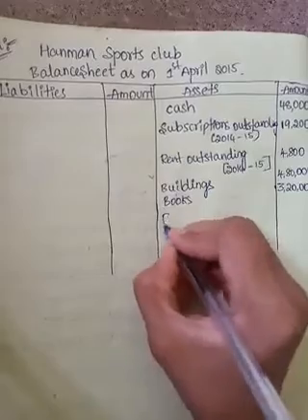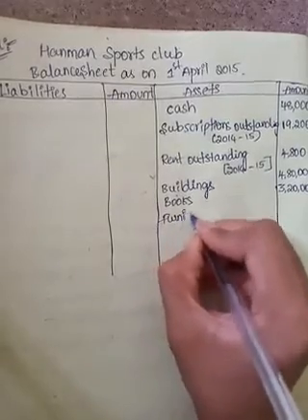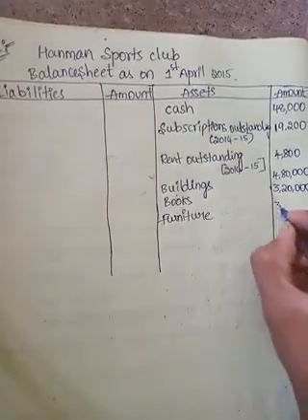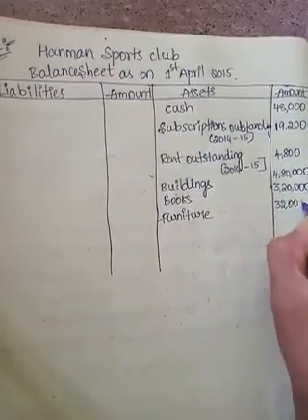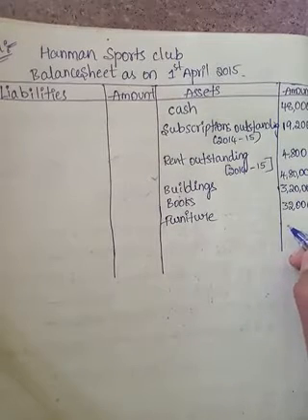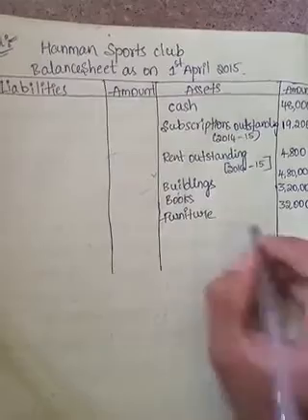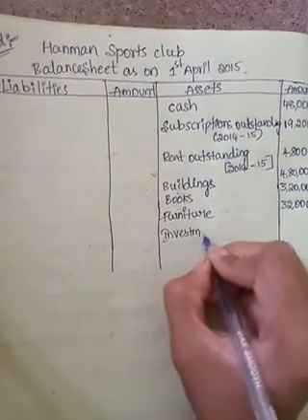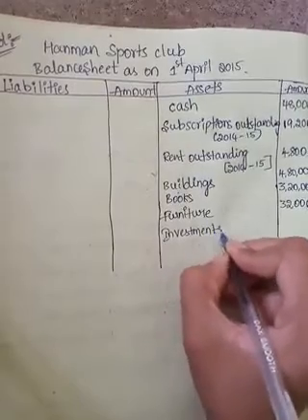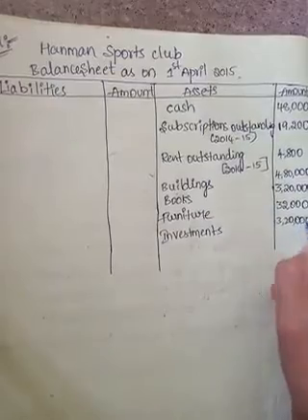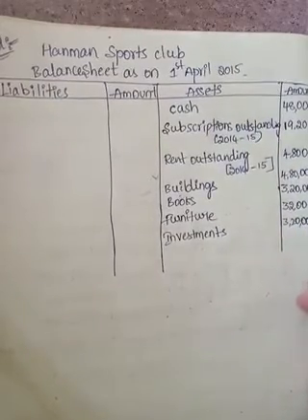Next, furniture. Furniture value is 32,000. Investments is 3,20,000. These are the opening balances of the assets.